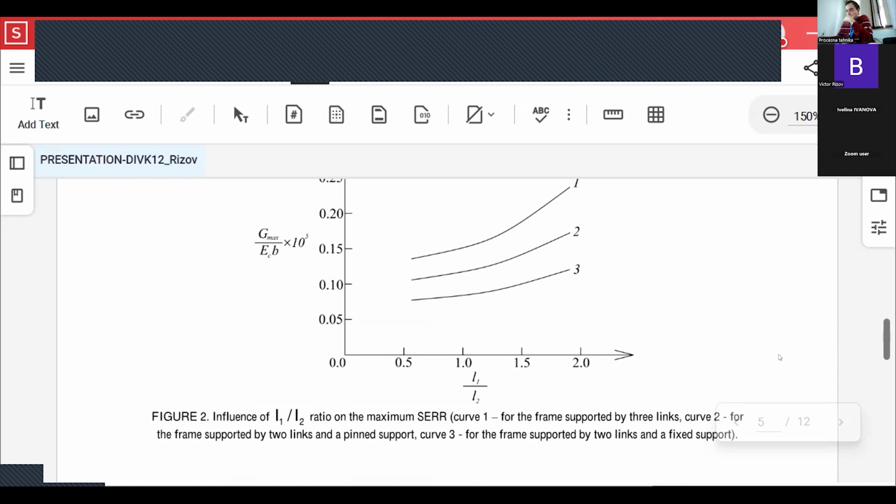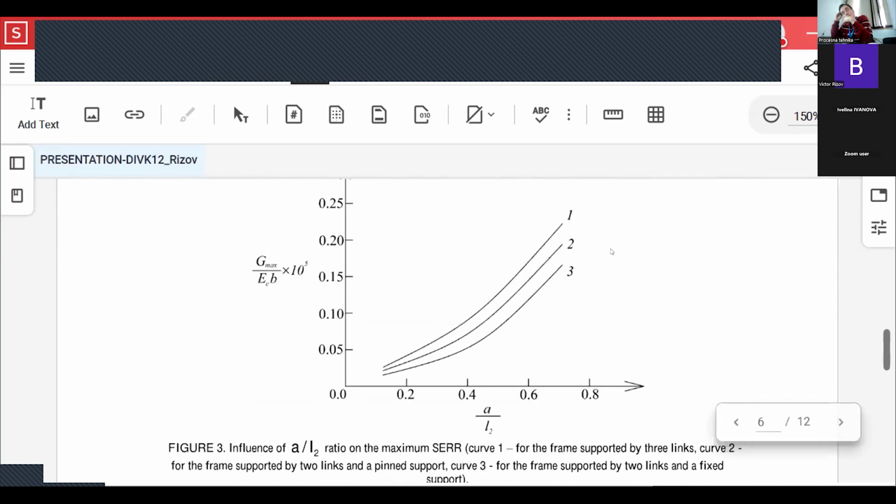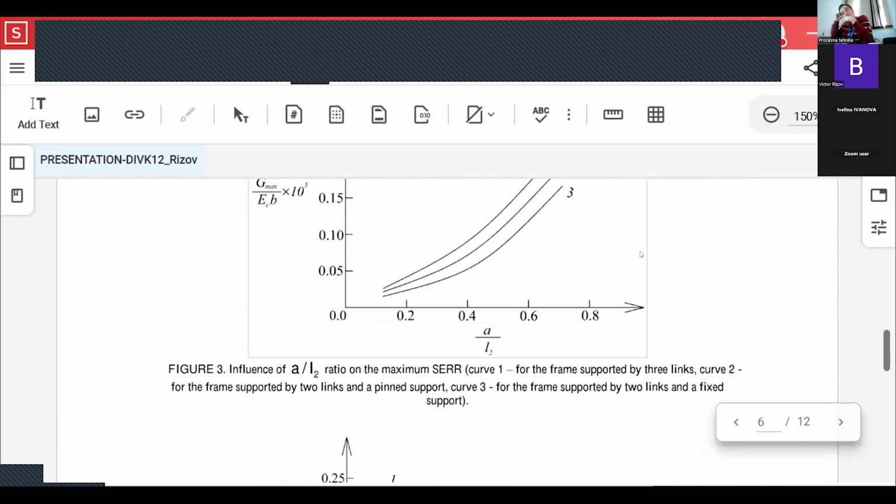Figure number 3 shows the influence which the A to L2 ratio has on the maximum strain energy release rate for the frame with the 3 types of supporting conditions defined in figure number 1.